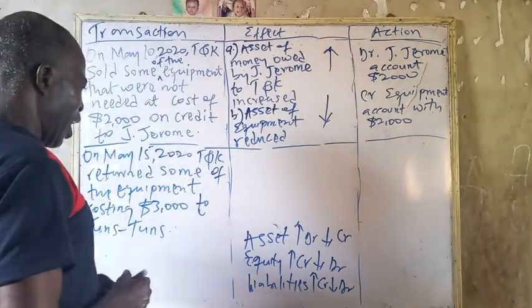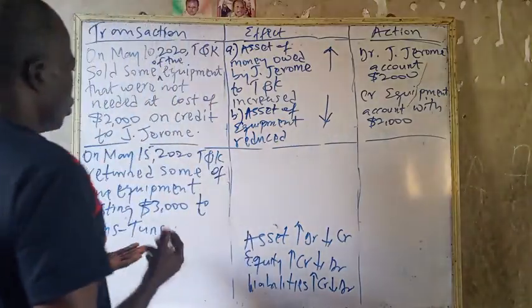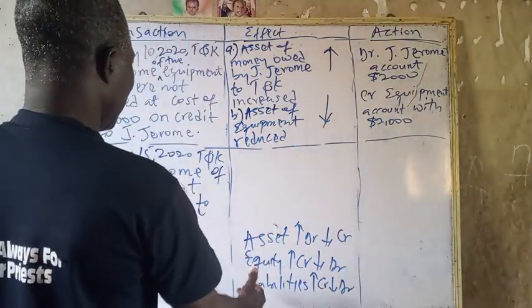So, what is it, asset, equity, or liability?